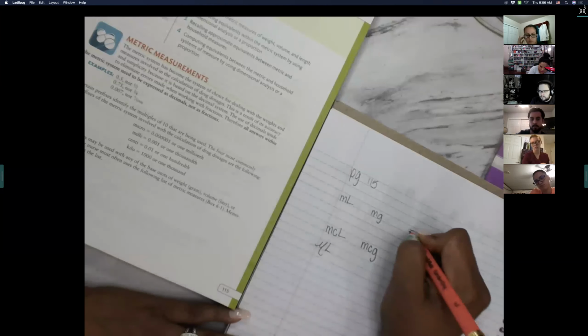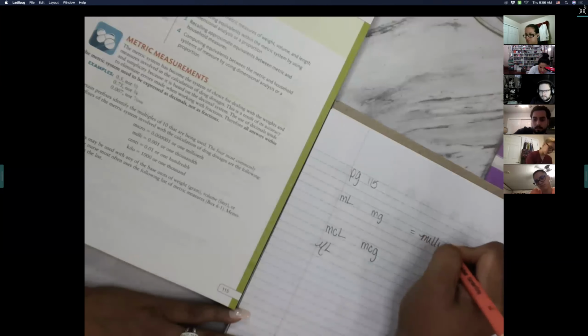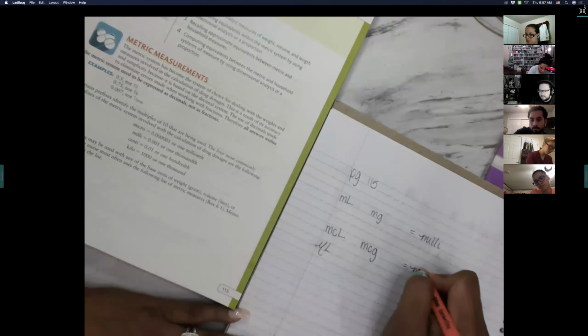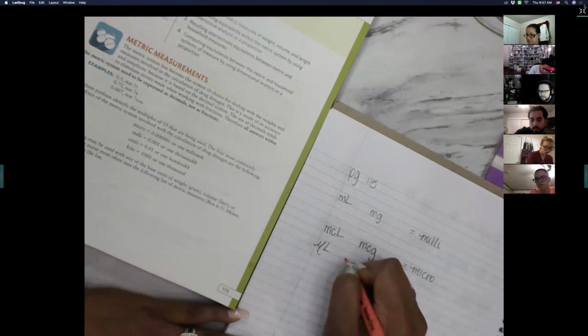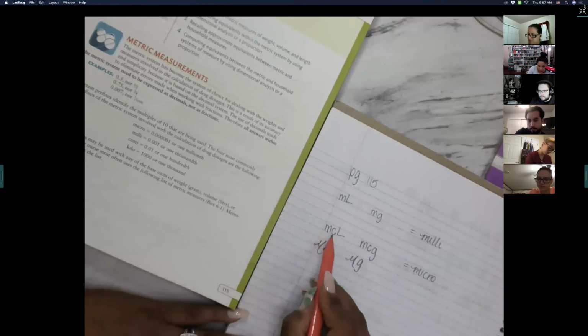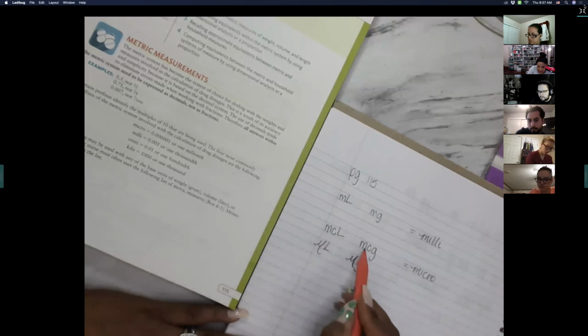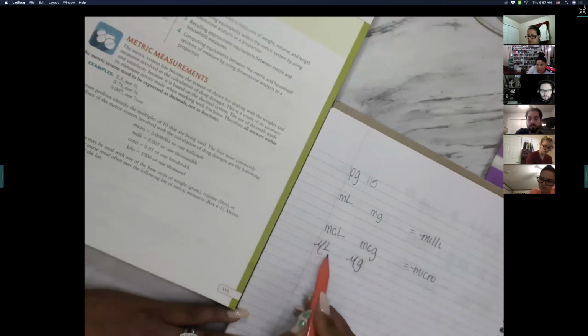This is milli. These are micro. So microliter, microgram. So they could write MC, microliter, MC, microgram, or they could also use the Latin notation, which just looks like a really weird cursive U-M thing.